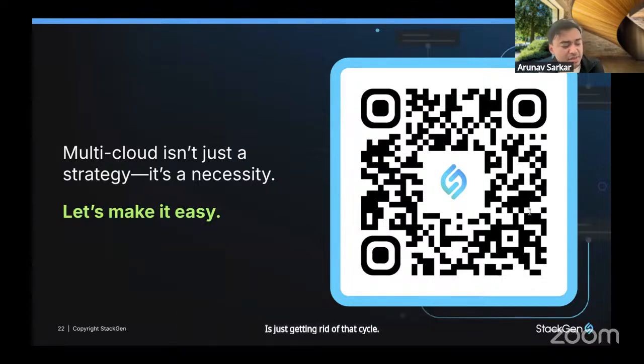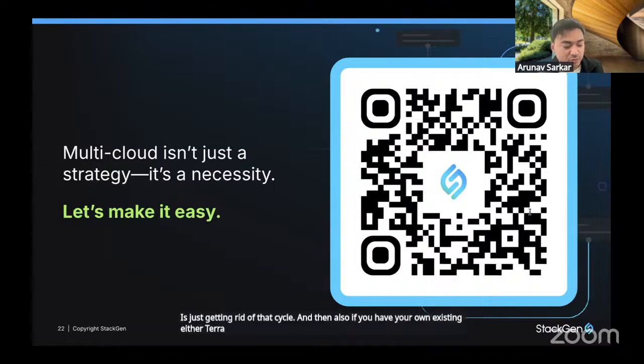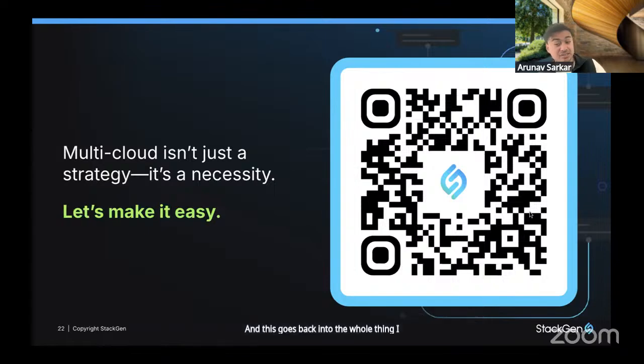And then also, if you have your own existing Terraform, or even if you don't have your own Terraform, StackGen can synthesize Terraform IaC in whatever destination cloud you are trying to move into, right? And this goes back to that whole thing I talked about, which DBs do you migrate to?